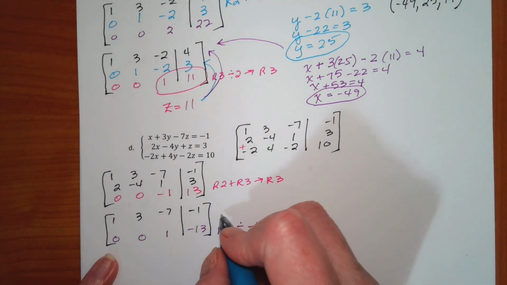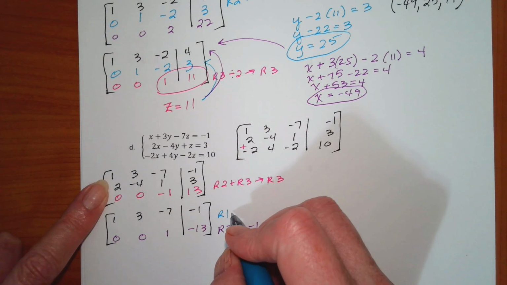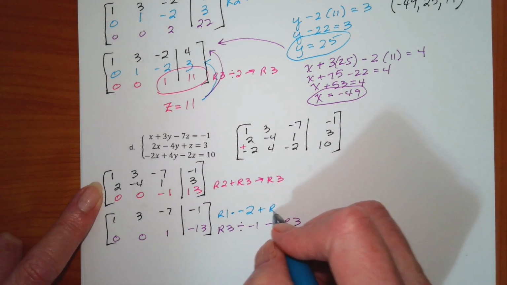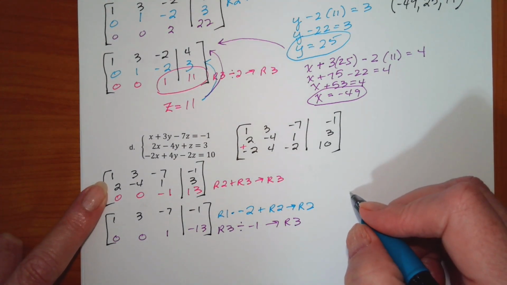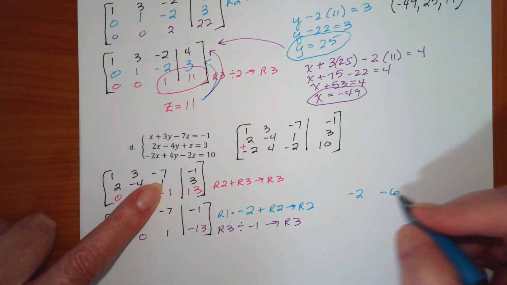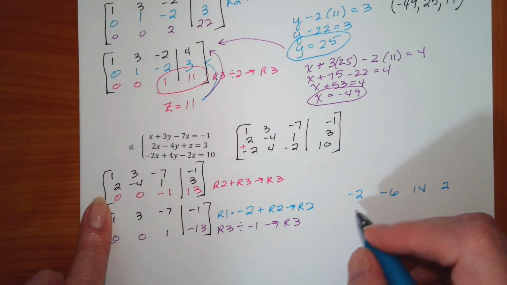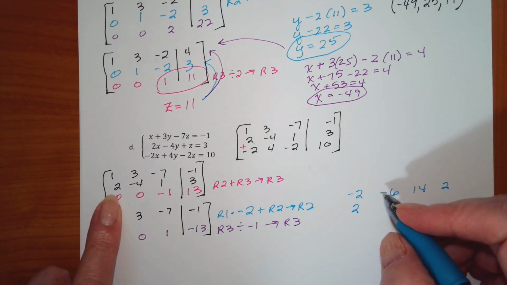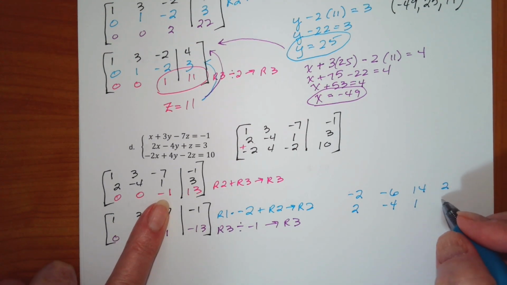Now for R2, if I multiply R1 times negative 2 plus R2 into R2, that should take care of it. So that's going to give me negative 2, negative 6, 14, and 2, plus 2, negative 4, 1, and 3.